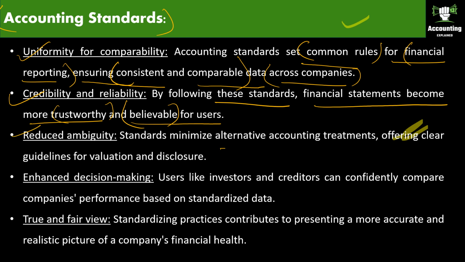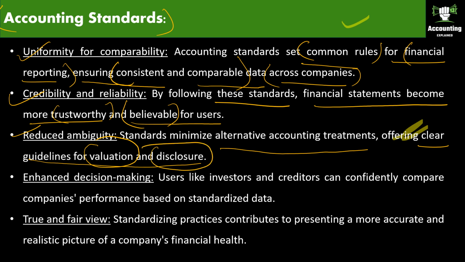Next is reduced ambiguity. Standards minimize alternative accounting treatments. There are no alternative accounting treatments, or even if available, only a couple of them when we follow the accounting standards, offering clear guidelines for valuation and disclosure. So we can see, for example, the valuation of stock, how they have clearly valued the stock, and disclosure also will be clear. We can easily find out from the financial statements when accounting standards are followed correctly.